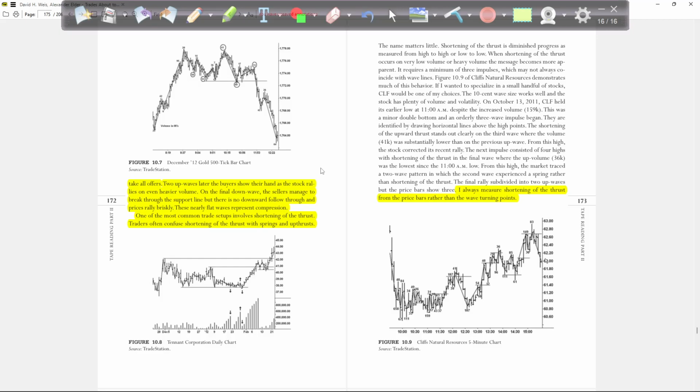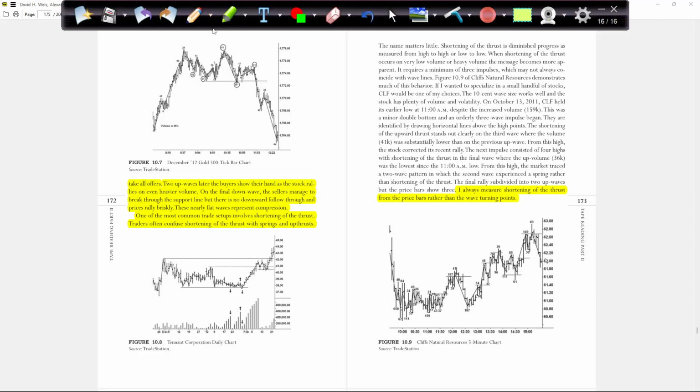And another point would be to see the price change, like how much did we travel from previous down wave to next up wave, right? So from here to here, how much did we travel? So if we draw a line here, we travel from here to here.